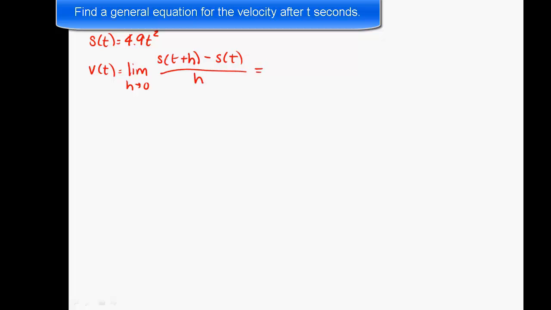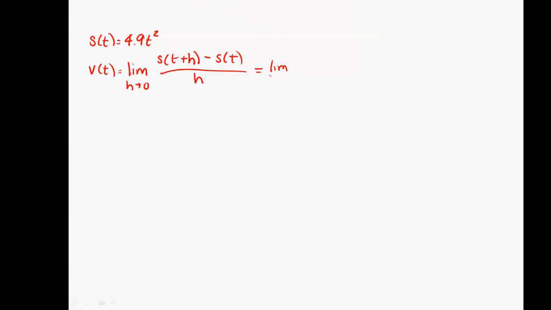And so we'll just plug it in. 4.9 t plus h, minus S of t is just 4.9 t squared.